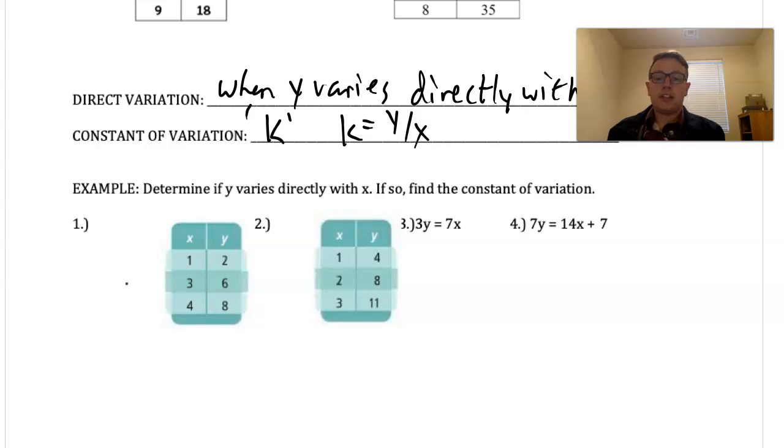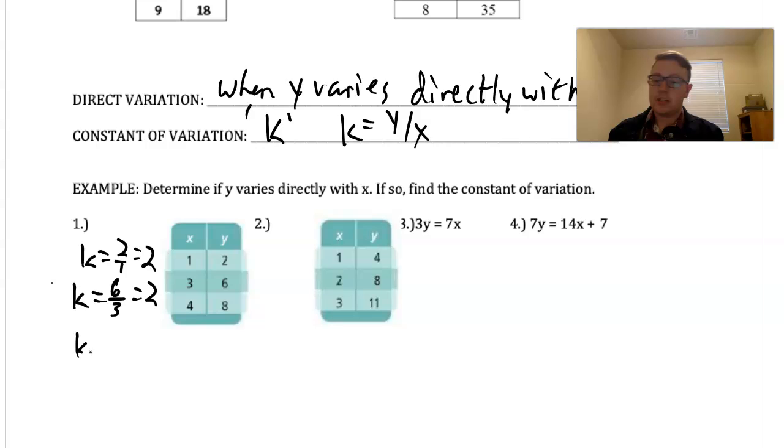So now we're looking to determine whether y varies directly with x. If so, we're going to find the constant of variation. So for this one, what's 2 divided by 1? So k for this first one is going to be 2 over 1, or 2. For this next one, y divided by x is going to be 6 over 3, or 2.